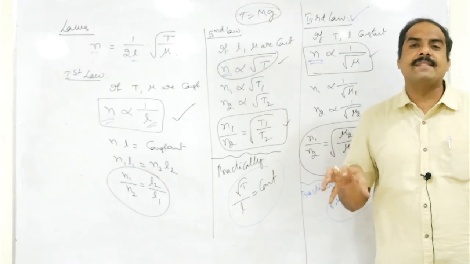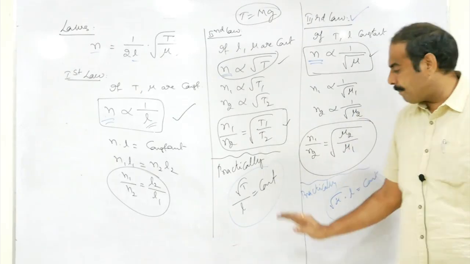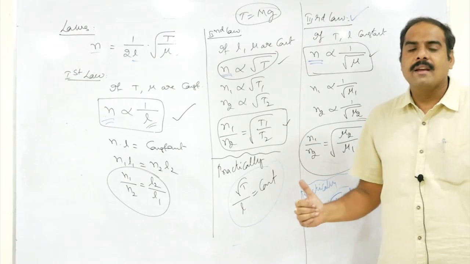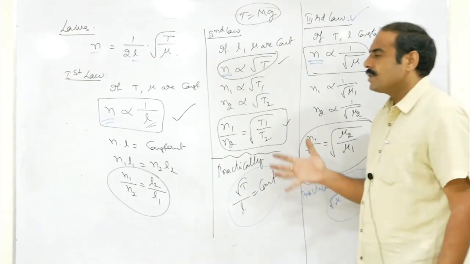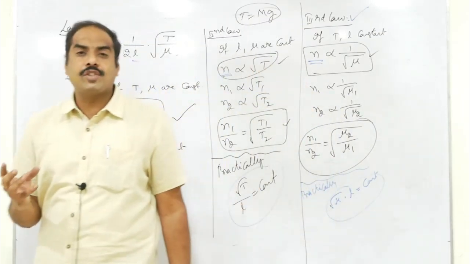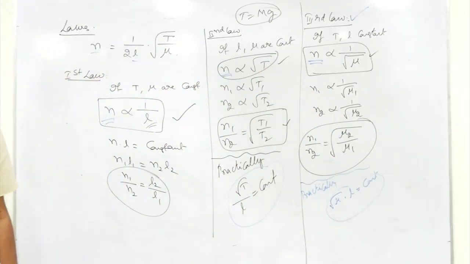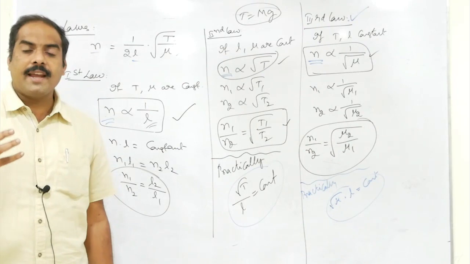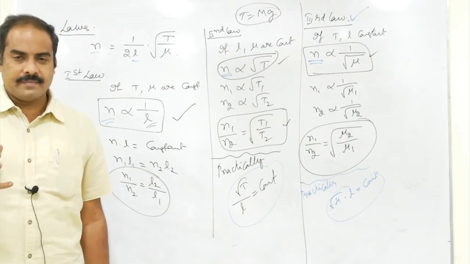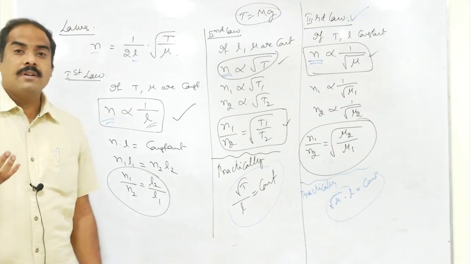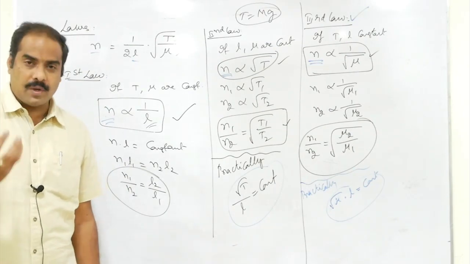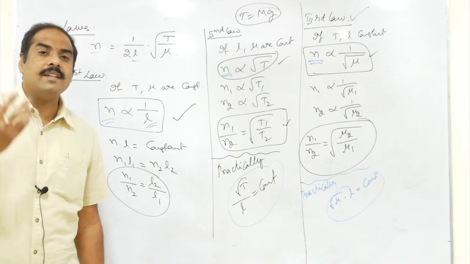So these statements have to be written. The practical part need not be written in the exam, but I told you so that you understand. So this is about the formation of stationary or standing waves along a stretched string, and also I have explained the laws of transverse waves along a stretched string.